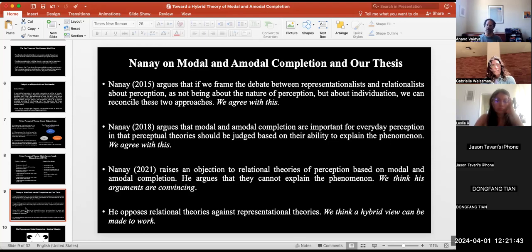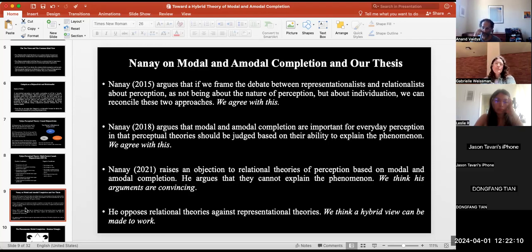So it seems to us that in the contemporary analytic literature on perception between representationalists and relationalists, they have missed looking at a phenomenon that is prevalent, if not ubiquitous, in everyday perceptual experience, and that if your theory can't give an account of it, then it shouldn't be worth considering as a theory of perceptual experience. This phenomenon is called modal and amodal completion.